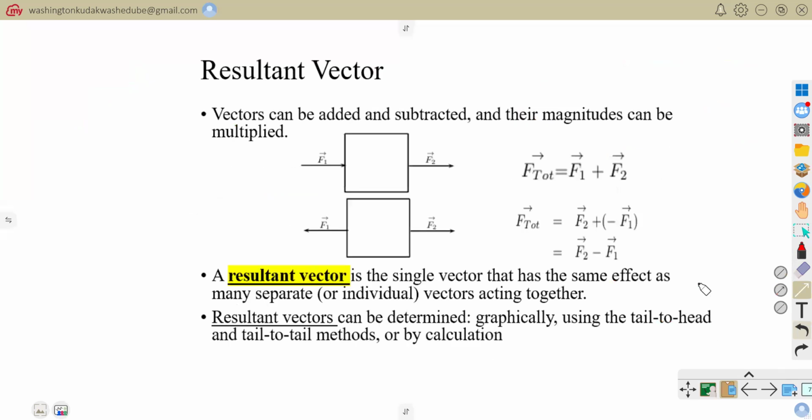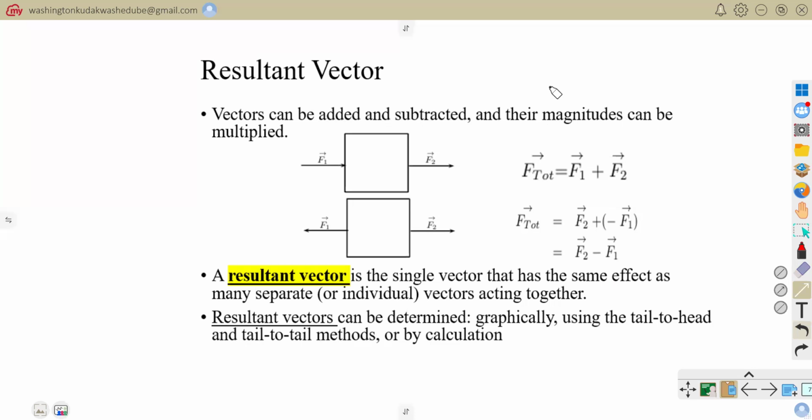Now, when it comes to vectors, once we have got 2 or more vectors acting upon an object, just get to know that at the end of the day, we will have what we refer to as the resultant vector. So there is something that we refer to as a resultant vector, where we are saying that vectors can either be added or subtracted.